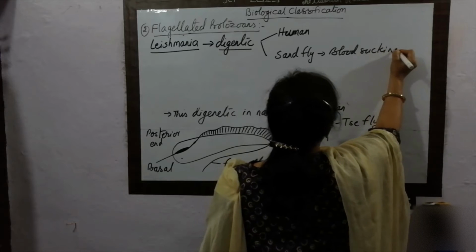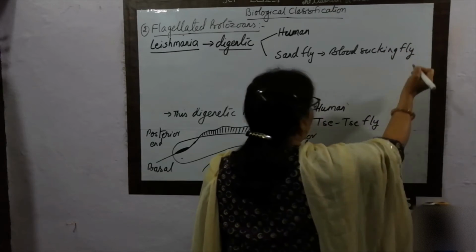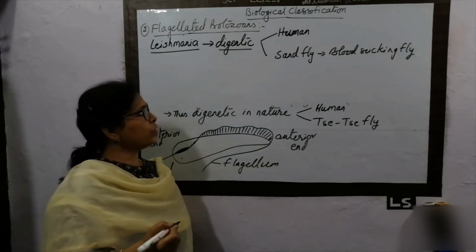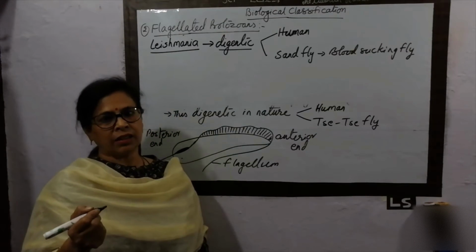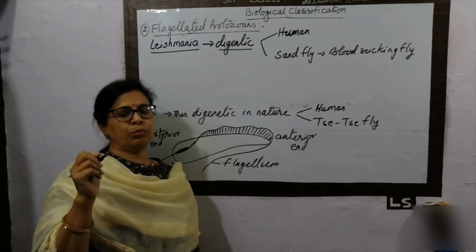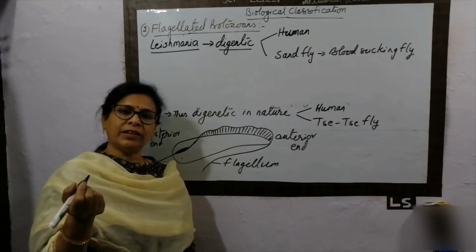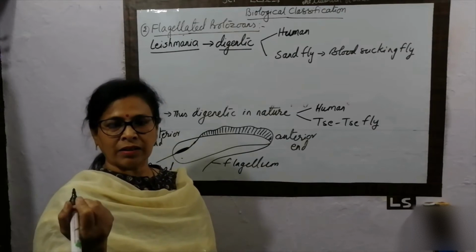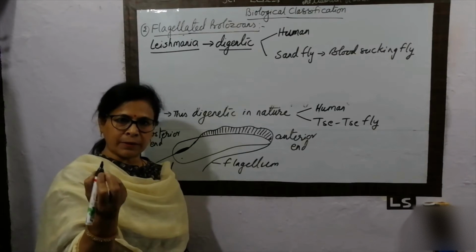The sandfly and the human, the two hosts, are needed to complete its life cycle. So it is called a digenetic flagellated protozoan.